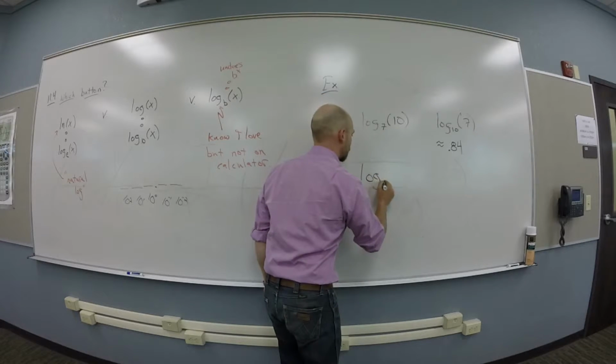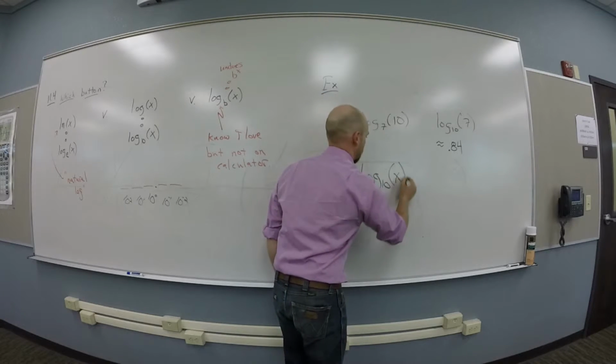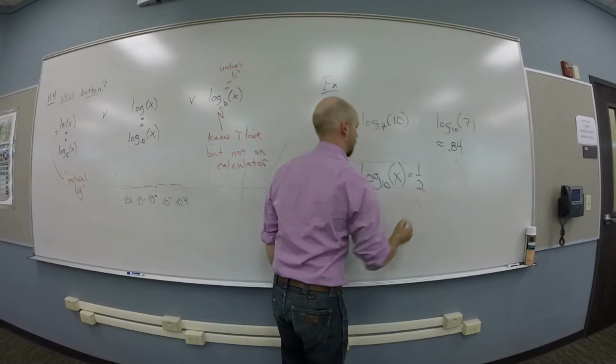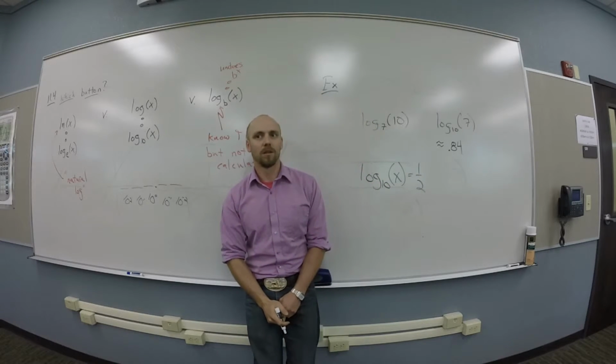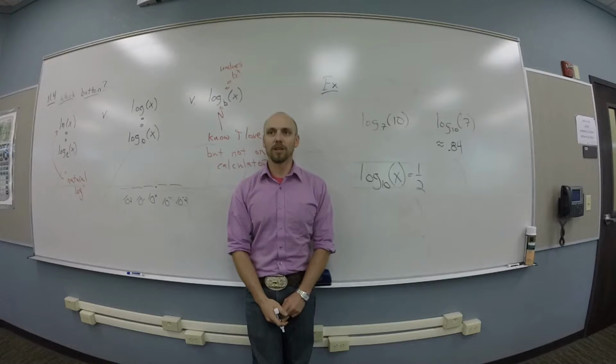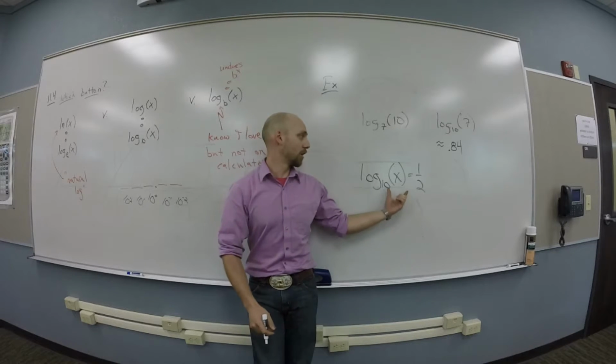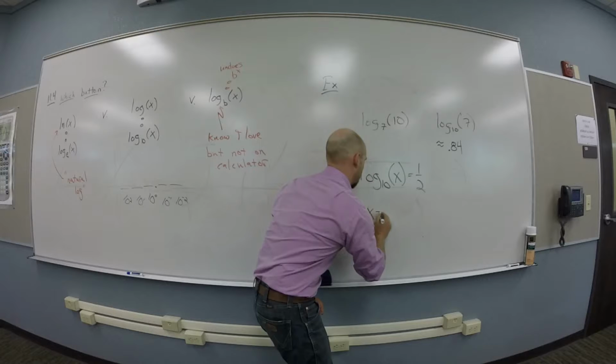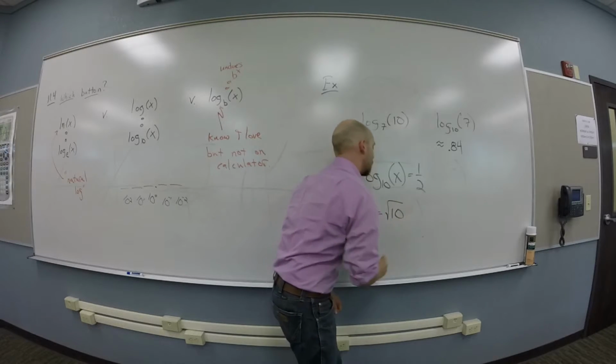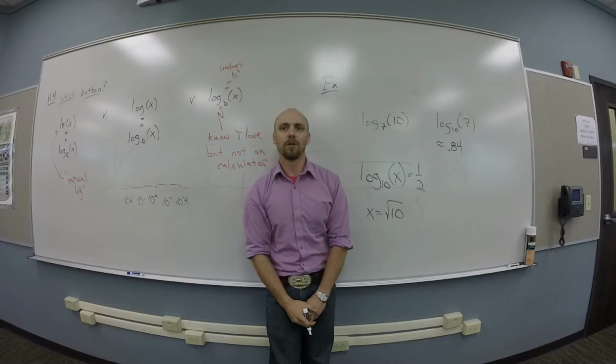You guys want to solve this for me? This is my concern, right? That halfway might not be at 5, and it isn't. It's a little bit off. This should be the square root of 10, right? Can somebody get the square root of 10 out of their calculator for me?